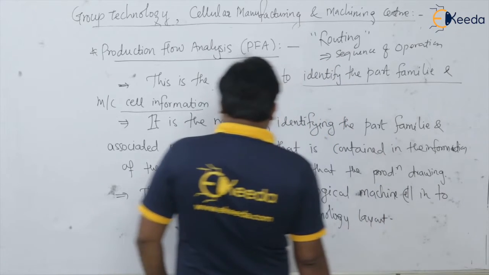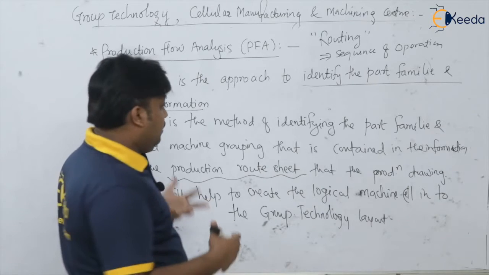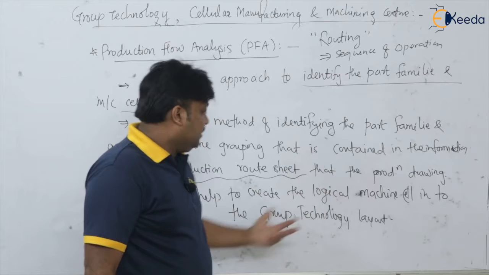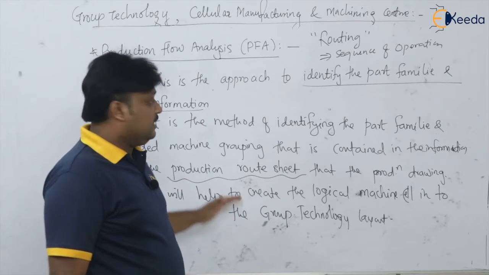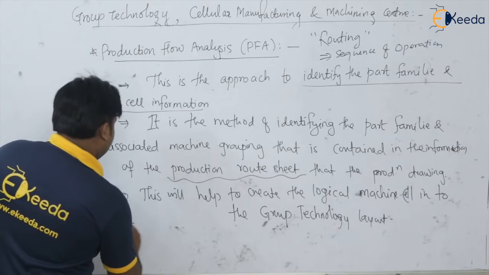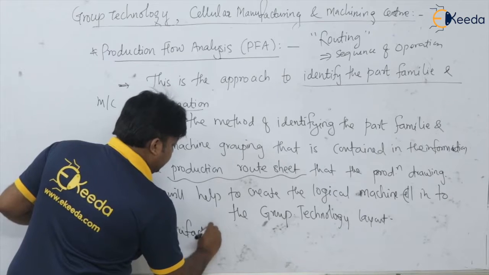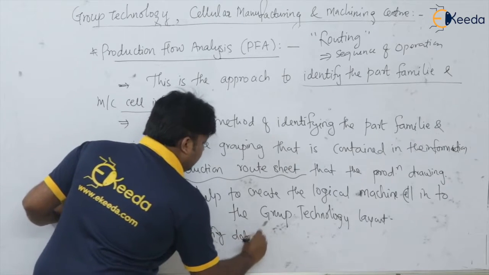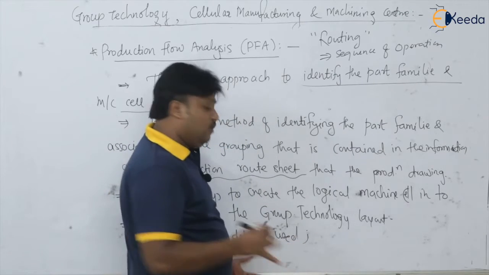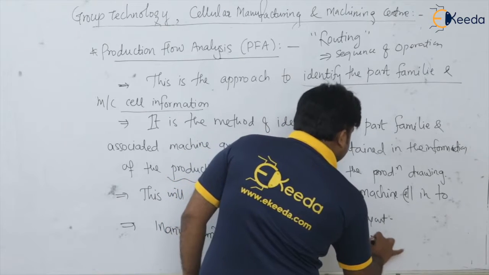So the production flow analysis is helping to create the logical machine cell into the group technology layout. And what is it using? It is using only the manufacturing data. We are never using, or not interested in, the design data.